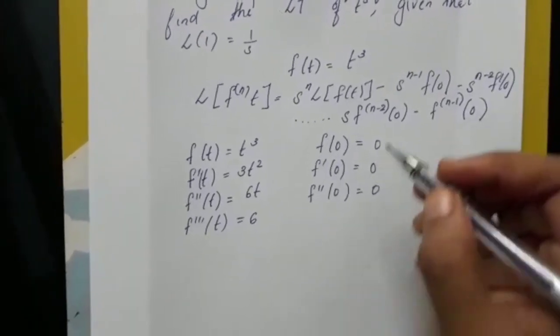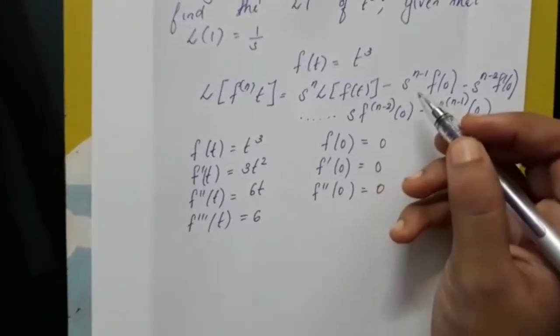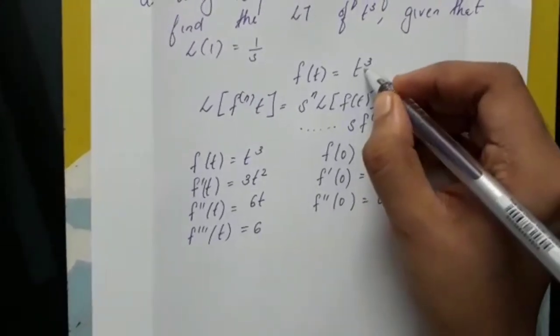So I am rewriting this property according to our need. Our n in this case is 3.